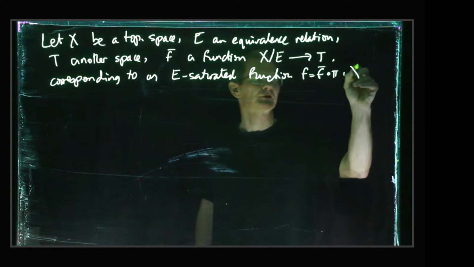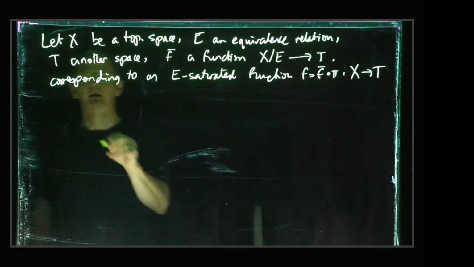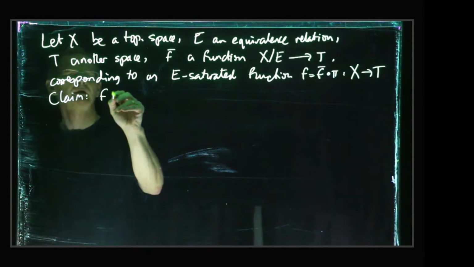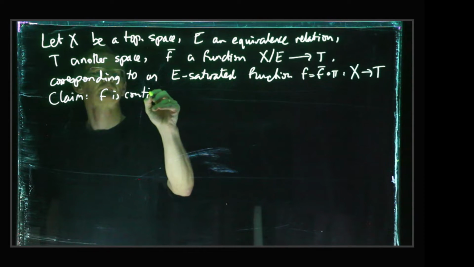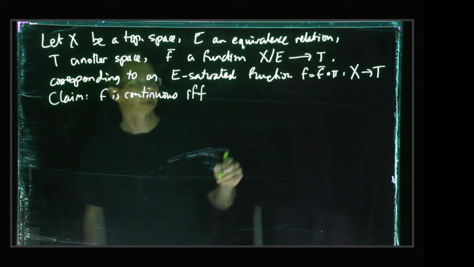So that's a function now from X to T instead of from X mod E to T. And then the claim is just that f is continuous if and only if f bar is continuous.